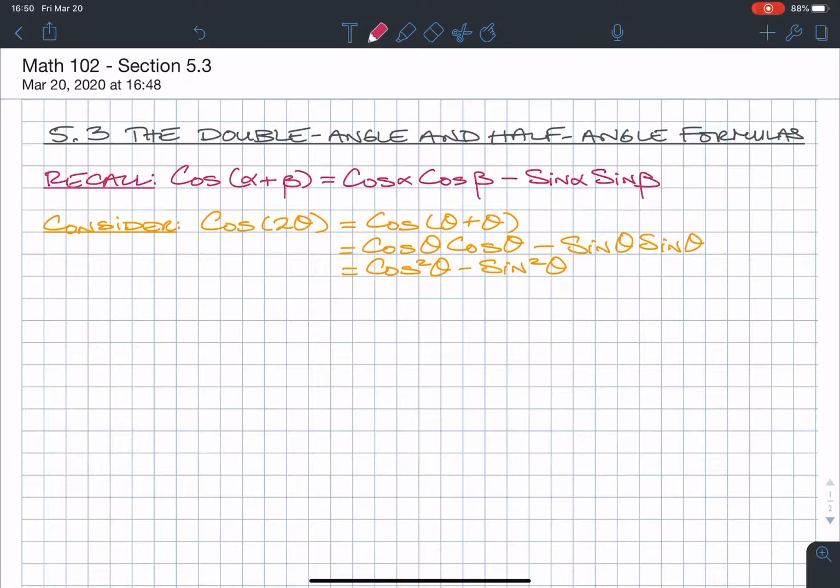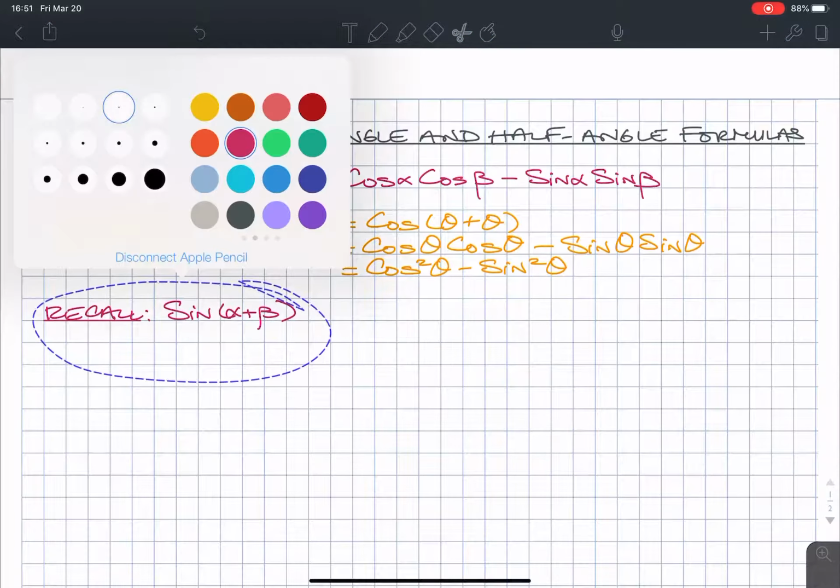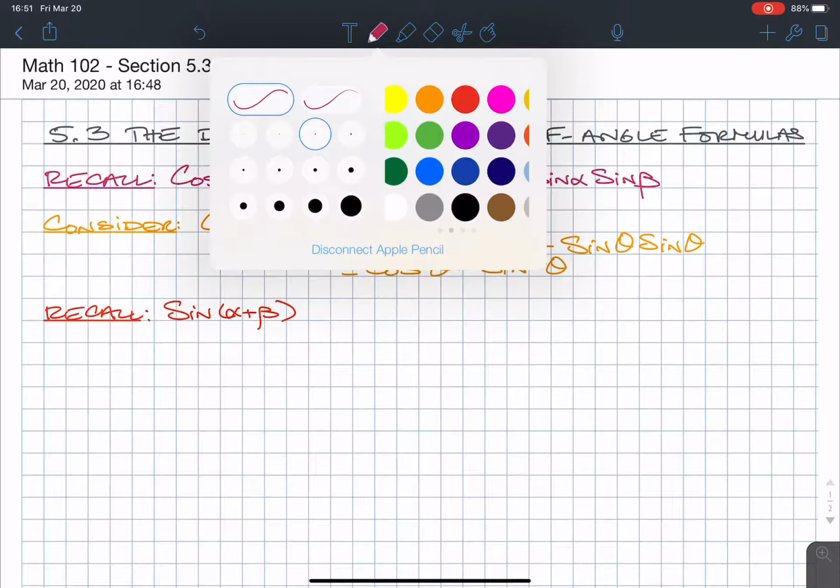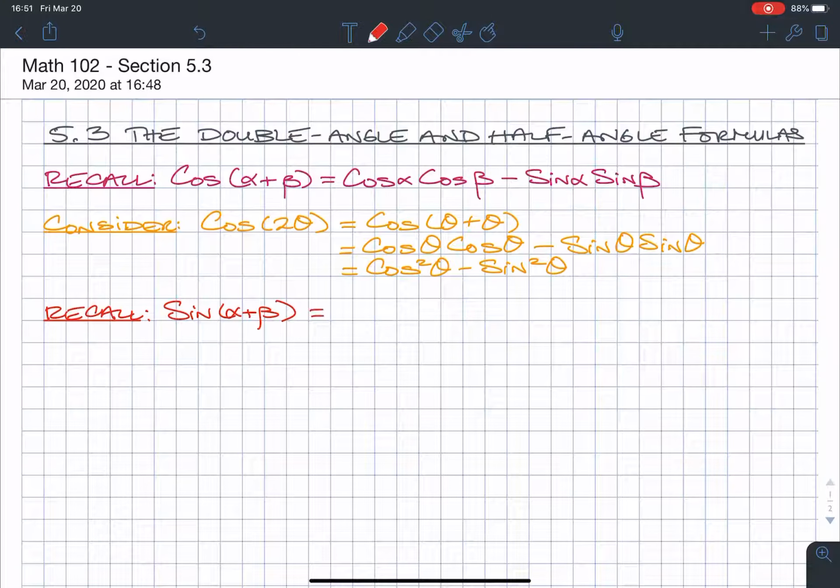Let's also recall that sine of alpha plus beta. Sine of alpha plus beta is sine of the first, cosine of the second, and then the same sign plus sine of the second, cosine of the first.